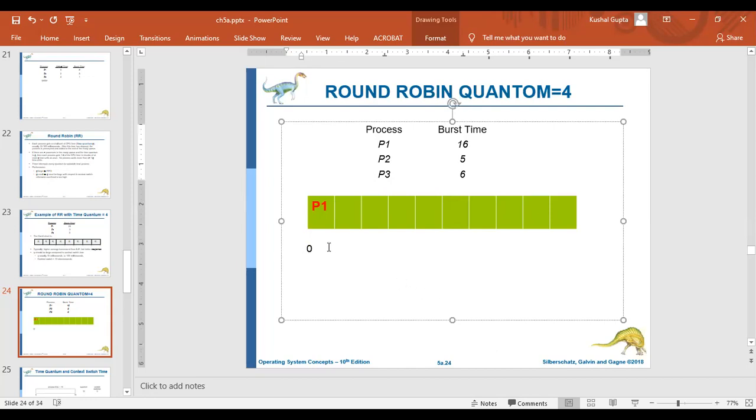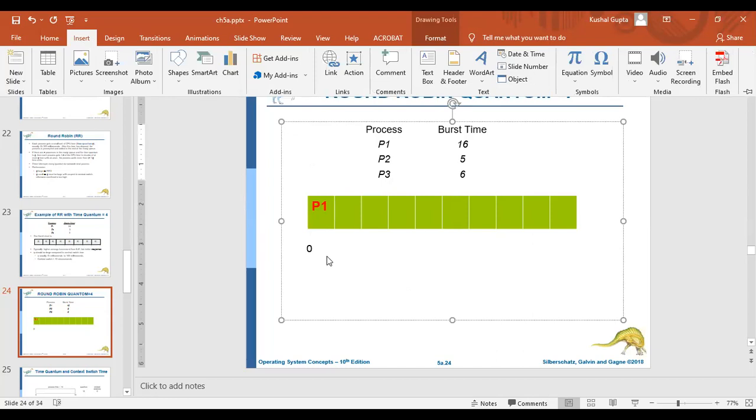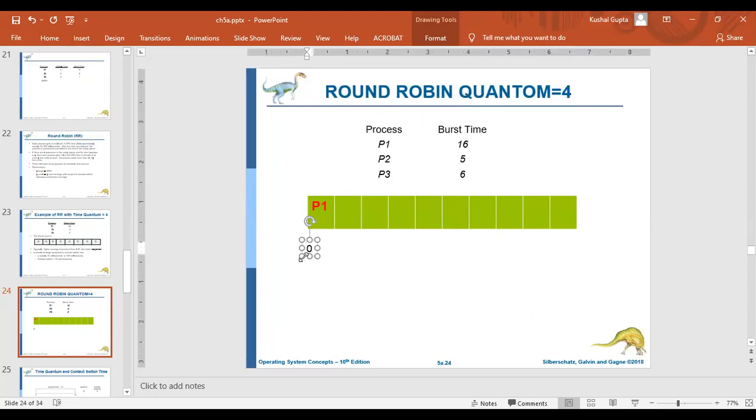Finishing time of P1 will be, let me copy this content.